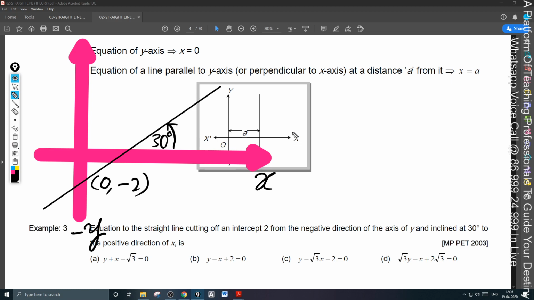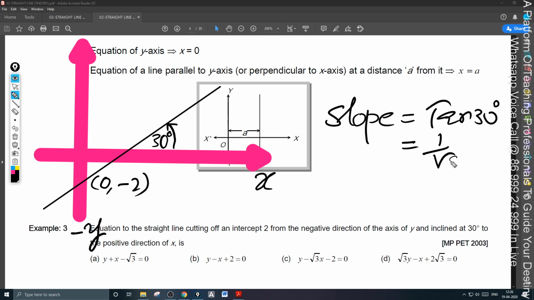Now, apply slope point form. What is the slope here? Tan 30 degrees. Slope is equal to tan 30. What is tan 30? 1 by root 3. Short form of writing it: numerator x, denominator y. If you have plus here, write minus in between.